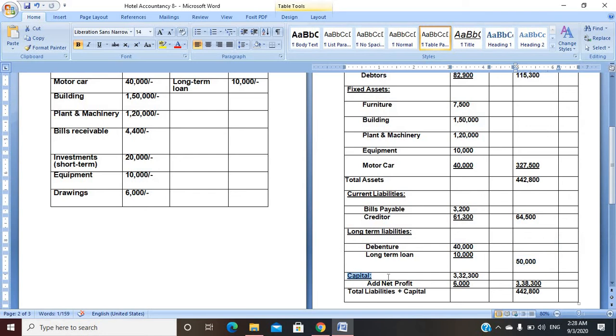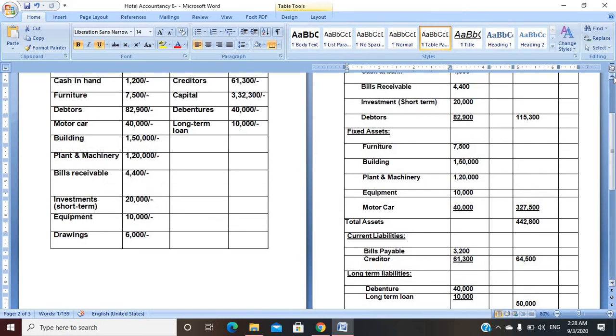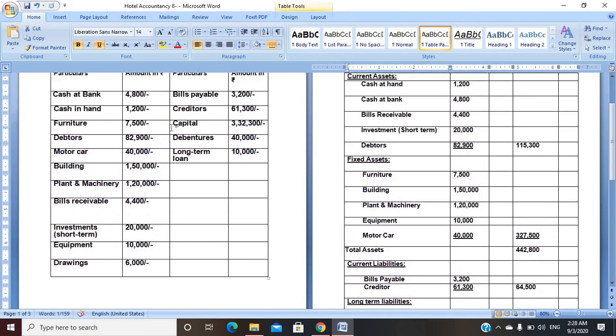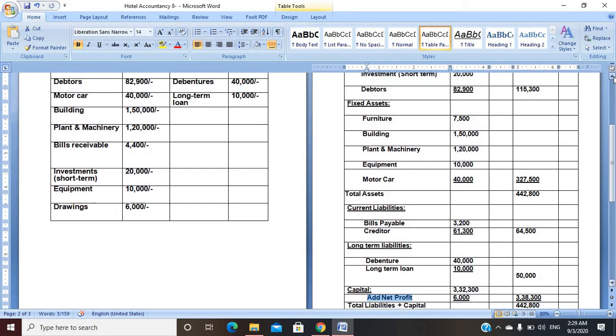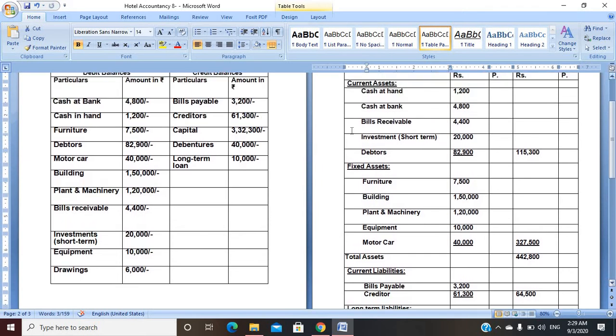Next I mentioned capital. As I mentioned in earlier classes, this also comes under liabilities. So the capital amount is mentioned here, 3,32,300. That can easily be ascertained here. I just mentioned the same amount, the capital amount. Add net profit: as I said earlier, whatever profit comes should be added to capital.